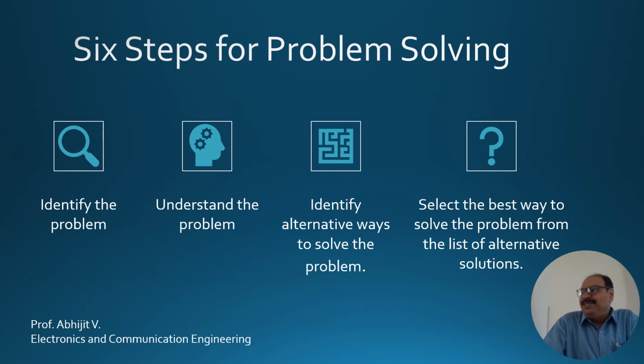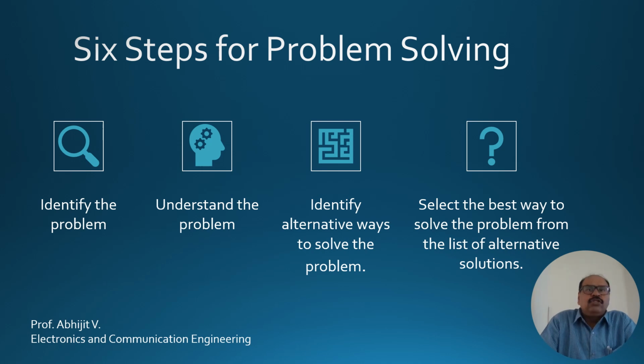So now that we have listed down different ways of solving the problem, next we have to find out which among these is the best. So the next stage in the problem solving strategy is to select the best way of solving the problem from the list of all possible solutions.